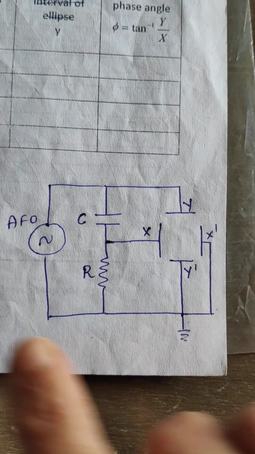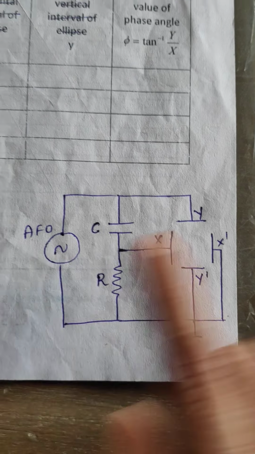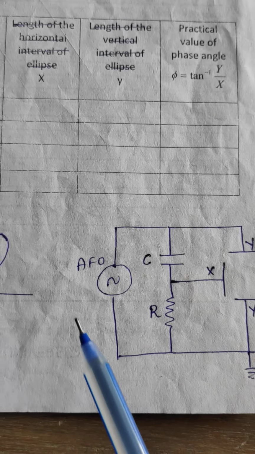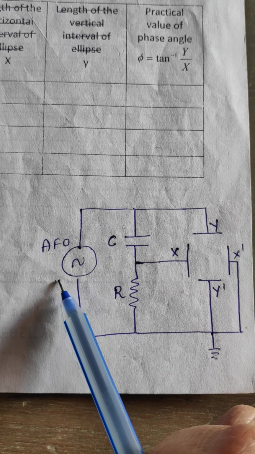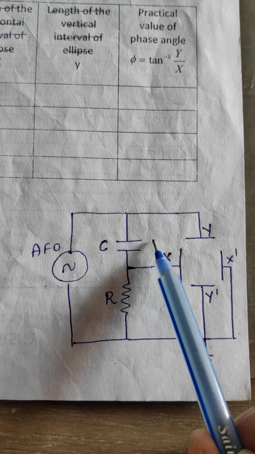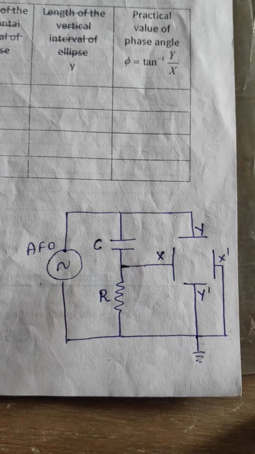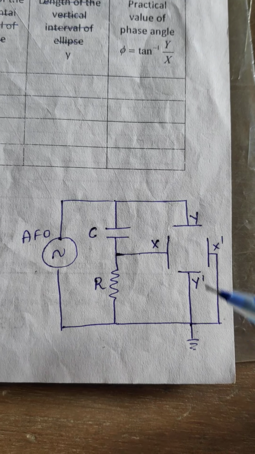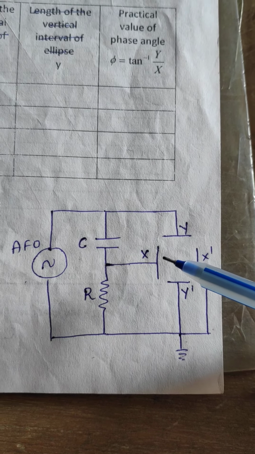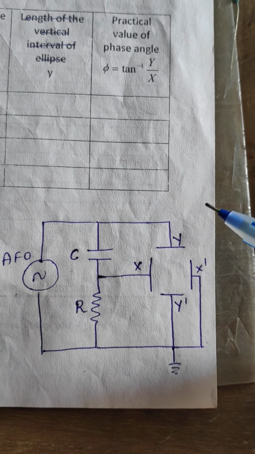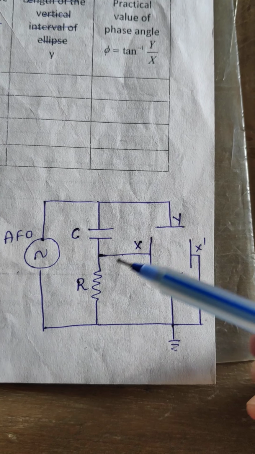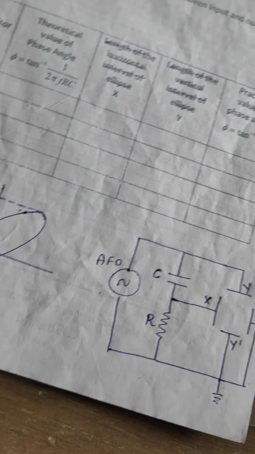So what will happen is the AFO will give a signal and C will introduce a phase difference between the signal applied to the Y plates and to the X plates.